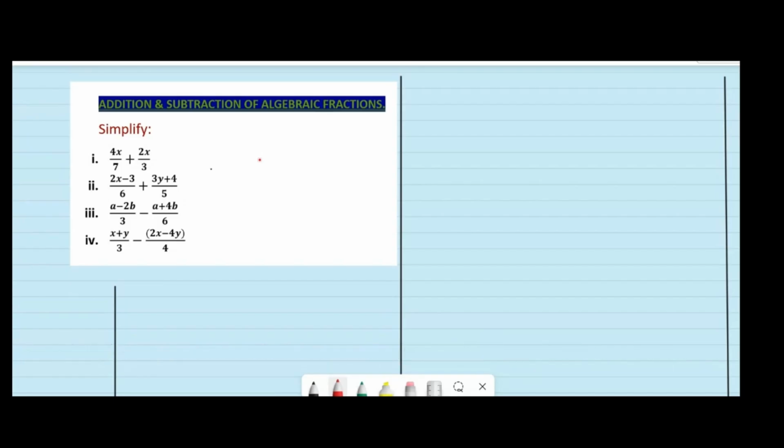As you can see from the expressions we have here, in I, we have 4x as the numerator, which is an algebraic expression. The other fraction has 2x, which is also an algebraic expression. All the fractions that we see here, in one way or the other, contain an algebraic expression, and they are forming fractions as well. Together, we call them algebraic fractions.